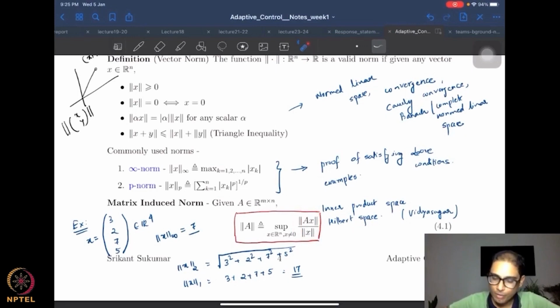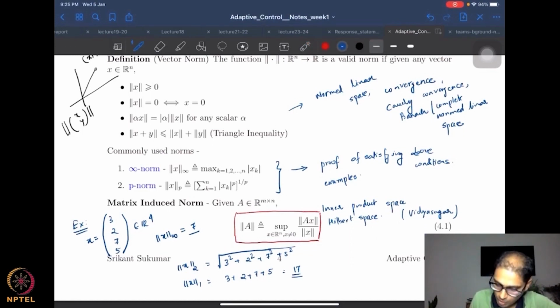If you have some idea of eigenvalues and eigenvectors, you can make some guesses as to what will be the maximum magnification. I will leave you to try to figure out what this maximum magnification of a matrix would be. The important thing to note is that it depends on what vector norm I choose here.